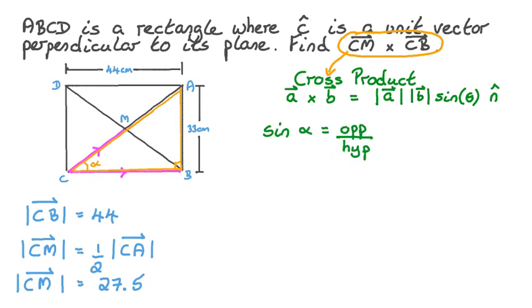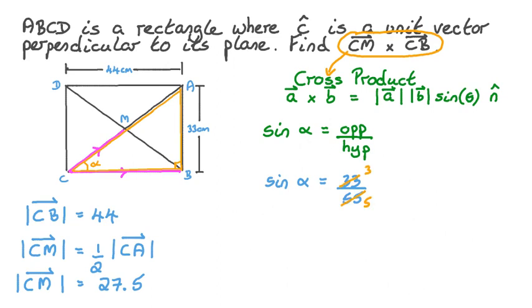We can do this using our trig ratios, and we know that the sine of angle alpha is equal to the opposite over the hypotenuse. The length of BA is equal to 33 centimetres, and the length of CA is equal to 55 centimetres. Therefore sin alpha is equal to 33 over 55.